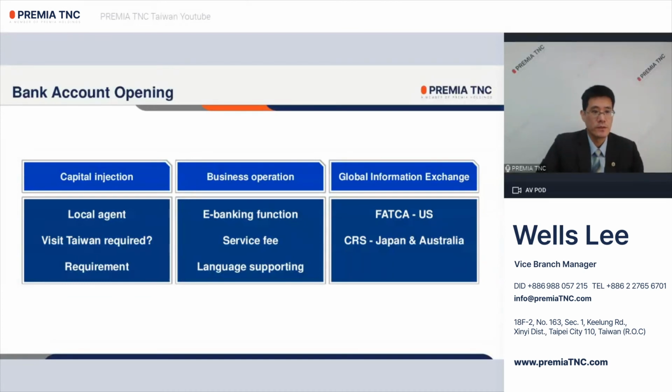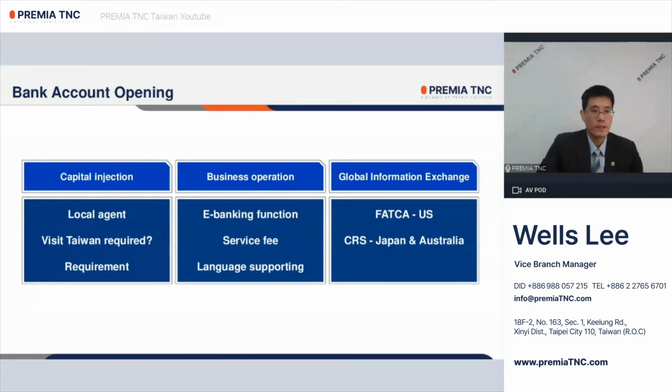Second is service fee. We found that each bank's service fee is different, and for some banks, you can even negotiate the fee. You should ask the bank to provide a fee table before you open the bank account.